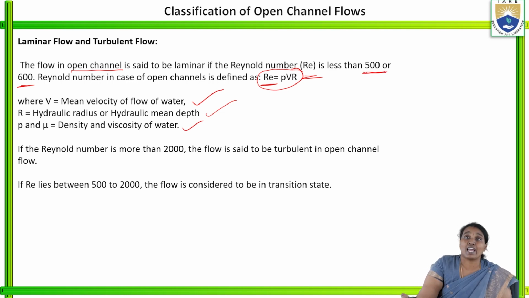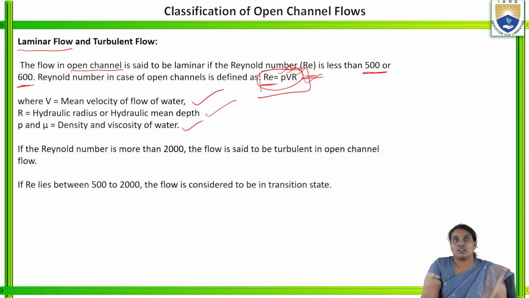So if the Reynolds number is less than 500, such type of flow is known as laminar flow.